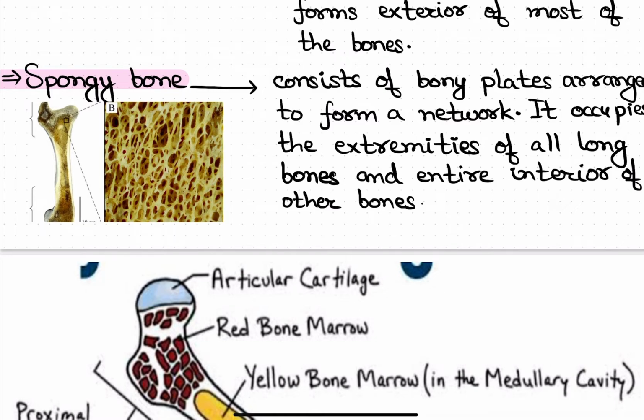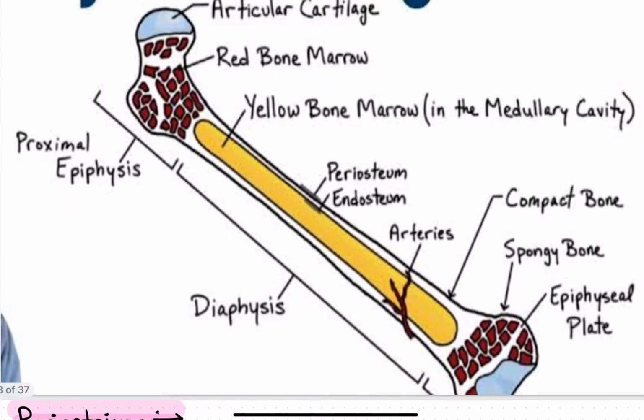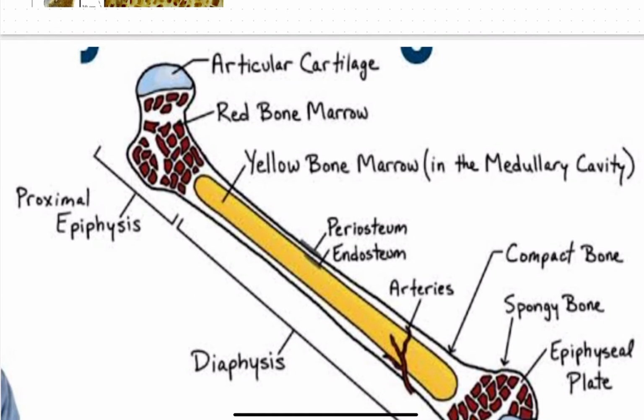There are certain bones like ribs. In ribs you will see the entire inner length is composed of spongy bone or cancellous bone, but in this particular bone, you can see this particular region is spongy. So spongy bone is present in the extremities. This is the extremity of the bone. Okay, now it is a typical structure of a bone. Let me explain this structure.